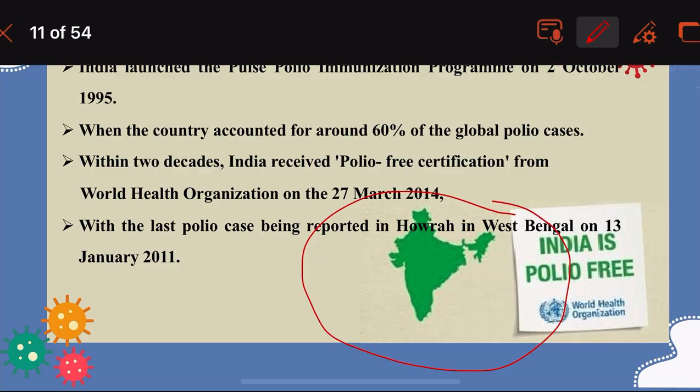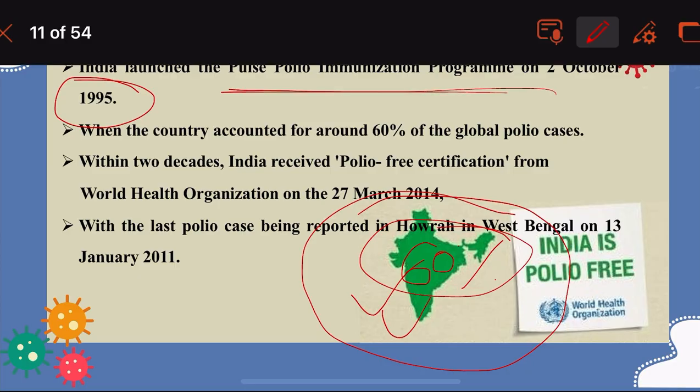Let's consider this all around the globe. India accounted for 60% of the polio cases, so the majority of the cases were reported from India. In 1995, they started the Pulse Polio Immunization Program, and during that period India reported 60% of the global polio cases.